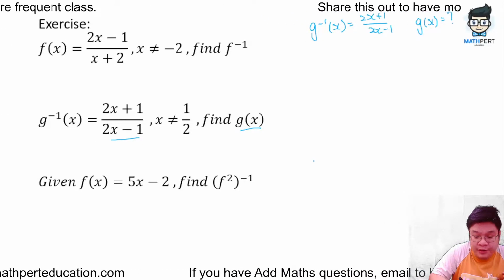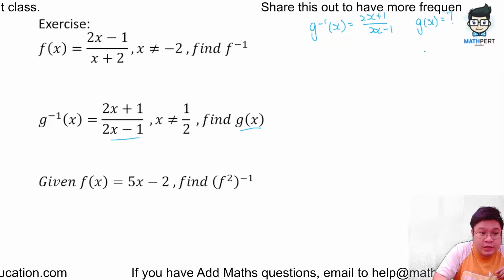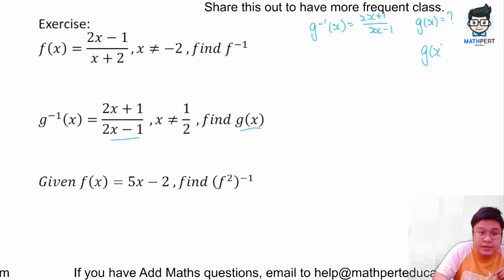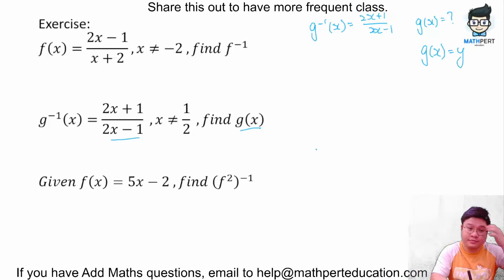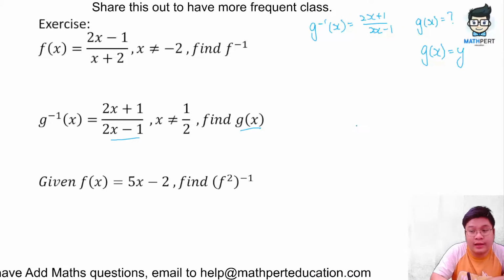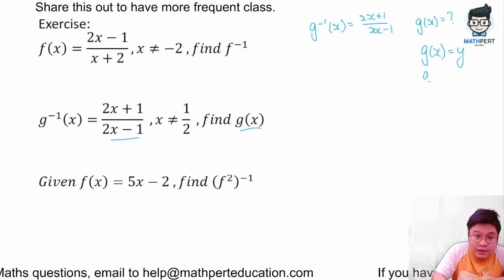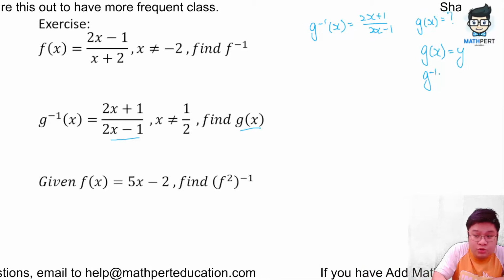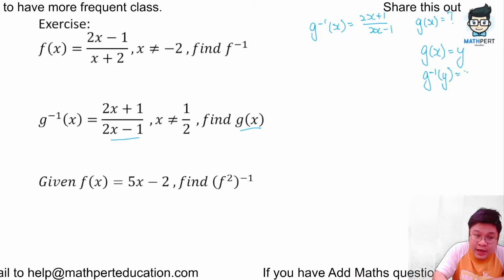Similar to the previous one, we say that gx is equal to y, and then inverse g y is equal to x.